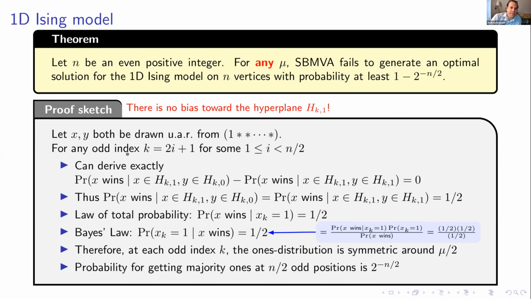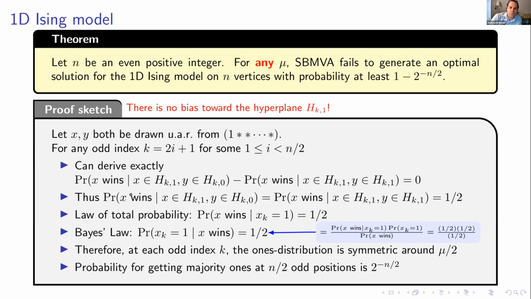At particular indices, if we let x and y both be drawn out of this blue subcube, then if we choose any of the odd indices, we can show that the probability that x is going to be the winner, given that x came out of the HK1 hypercube and y came out of the HK0 hypercube, is equal to 1/2.